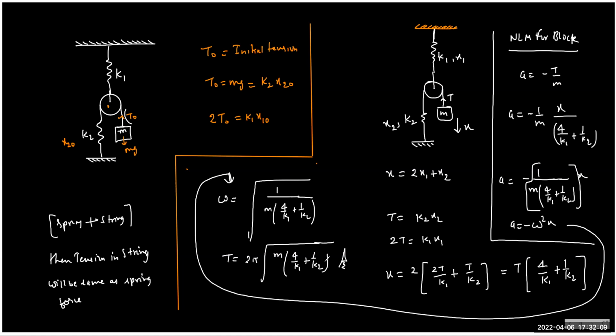One doubt, sir. Yes, tell me. So that x will be equal to x2 minus 2x1? No, everything is elongation. If the upper spring elongates, the block will go down with 2x1. If the lower one elongates, I'm stretching it, so the block will go down only.